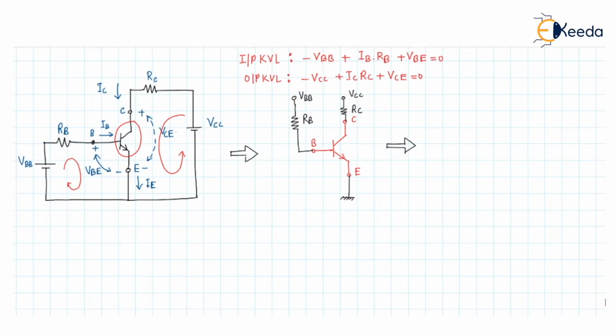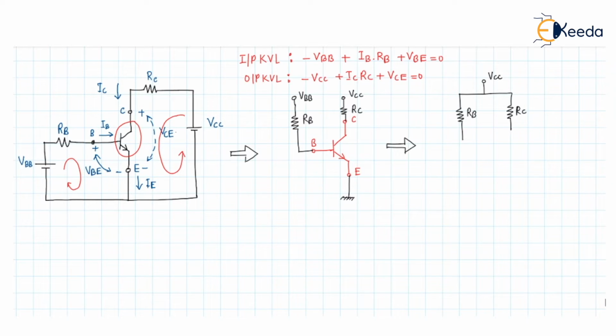that rather than using two voltage sources, we can use one voltage source like this. There is an RB resistance and there is an RC resistance. The one voltage source we are naming VCC.